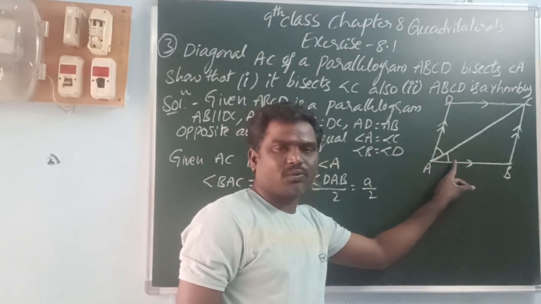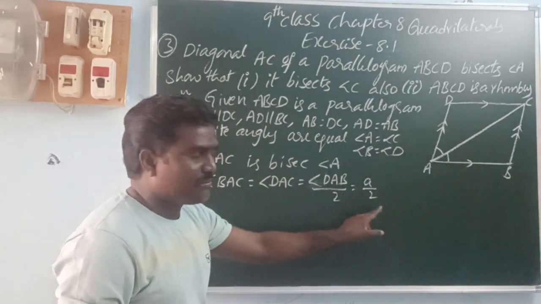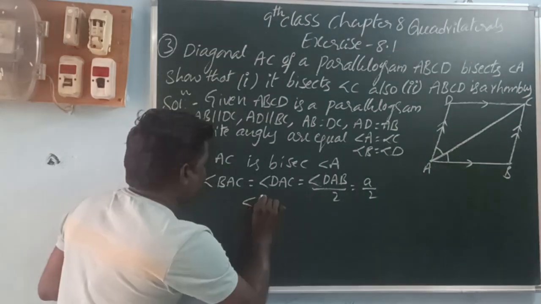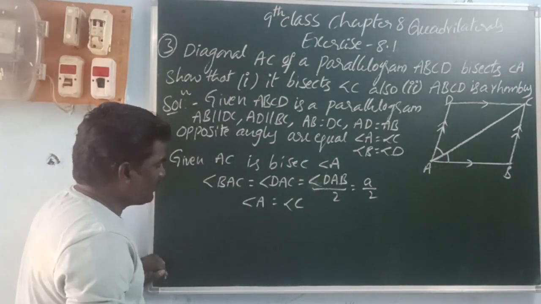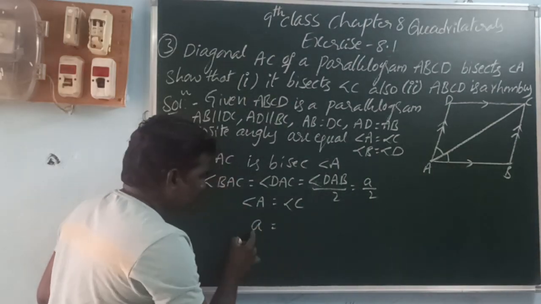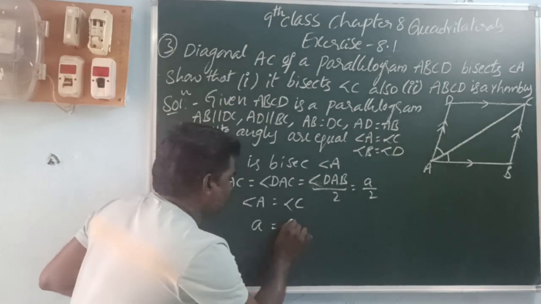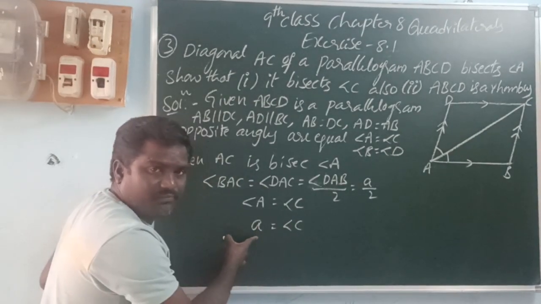Two equal parts. So each part is how much? Half of it, A by 2. But here we know that angle A is equal to angle C. So angle A is A, and angle C is also equal to A.